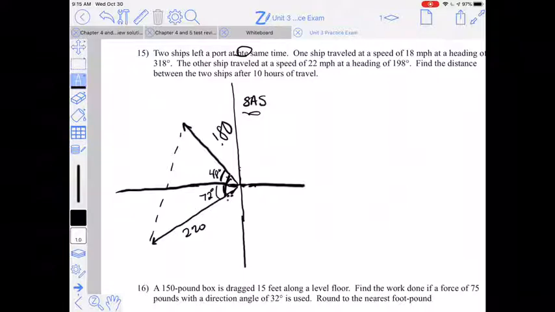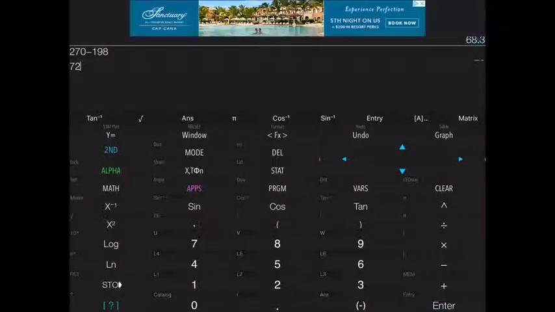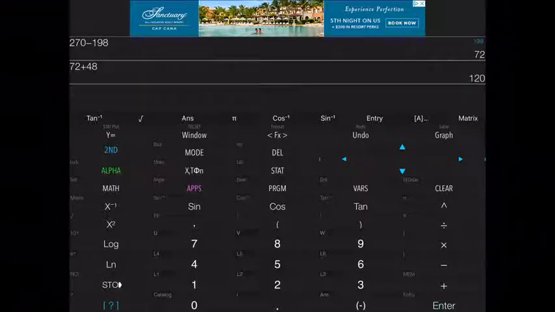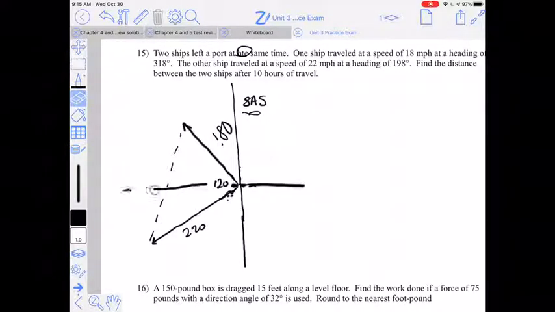So what I want then is the measure of that entire angle. So 72 plus 48, that's 120. So we have a 120-degree angle there.